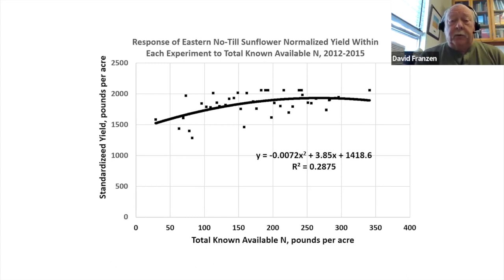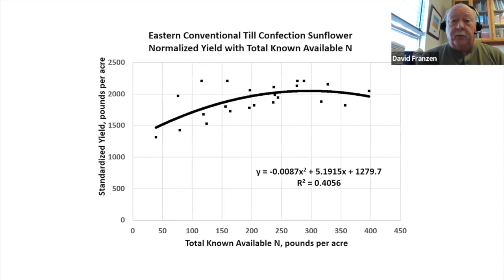So that's a typical response from no-till. It's a shallow response because of the no-till credit, and so we got a response at all of our sites in nitrogen. This is conventional till. Notice that the response curve is steeper than it was with the no-till because there is no no-till credit, of course, in conventional till soils.